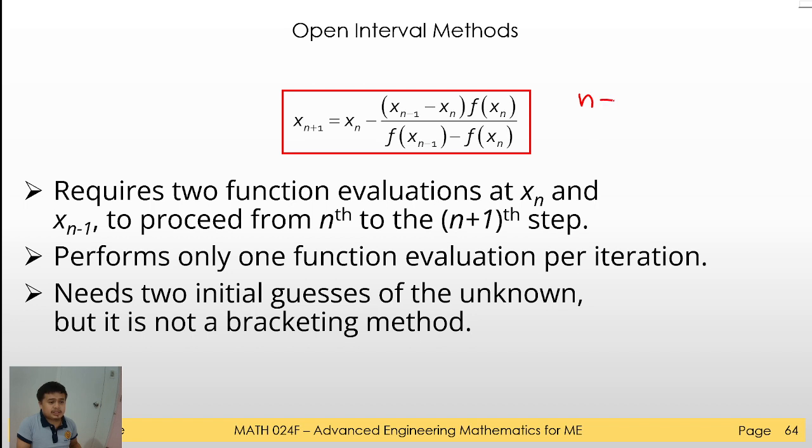Our n plus 1 represents the present value or the new approximation, n represents the previous, as well as n minus 1. Okay, so we have two previous approximations, and n is the most recent one before this.